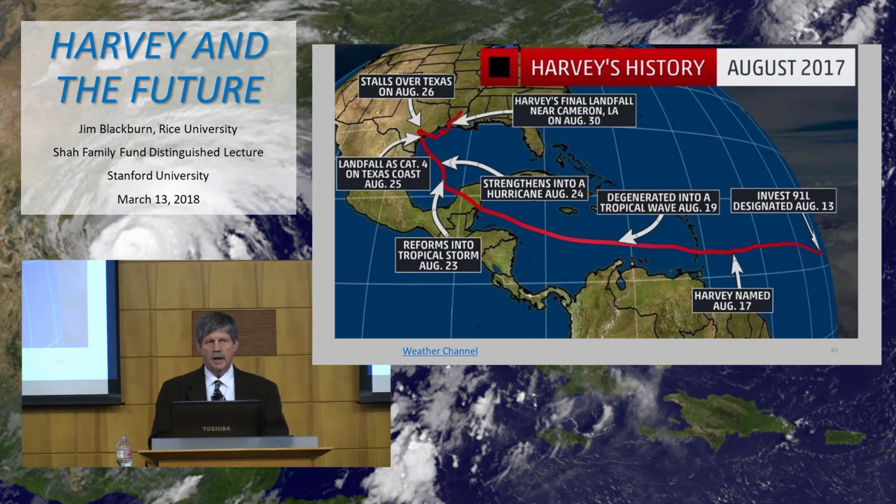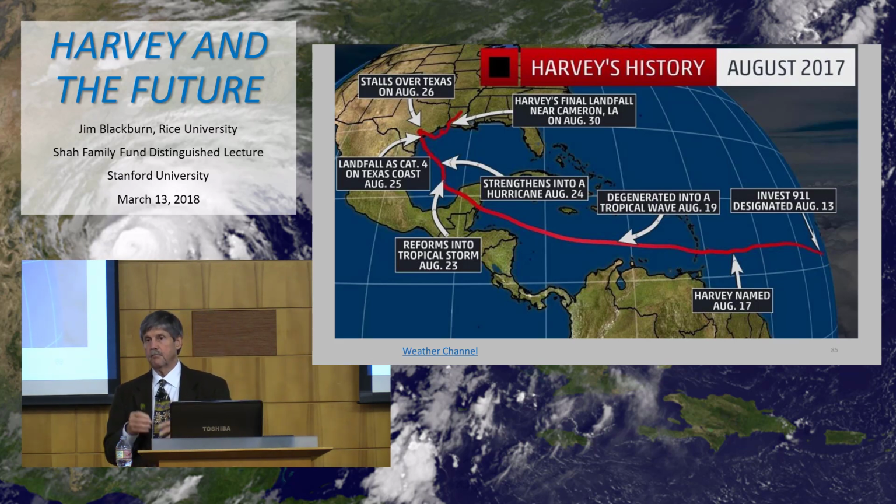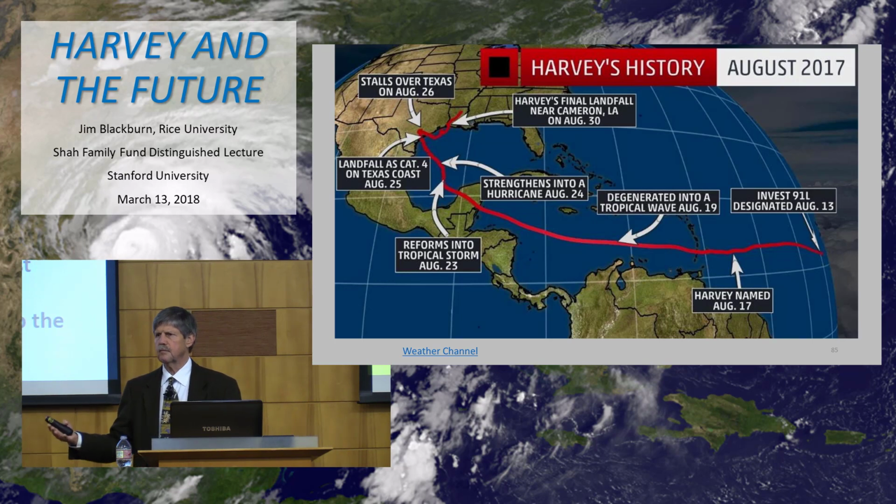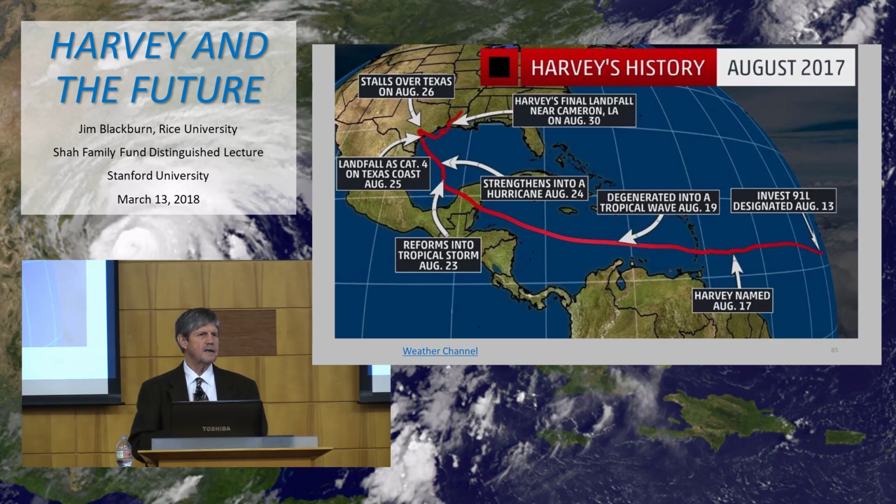Now, Harvey was not a surge event, but one thing Harvey did do: I have had person after person in the industrial complex tell me, you guys at Speed Center are crazy. That storm would never happen. We've never seen a storm like that. It's impossible. And then Harvey happened. If nothing else, Harvey has changed the impossibility of storms.